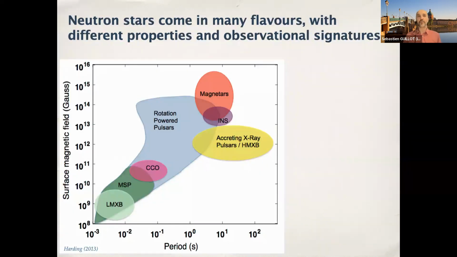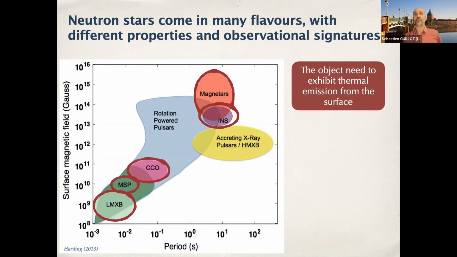So which type of neutron star can be used? If we look at all the different types of neutron star that exist here in this magnetic field versus spin period diagram, you see probably all the types of neutron star in a schematic way. We need thermal emission from the surface of the neutron star.